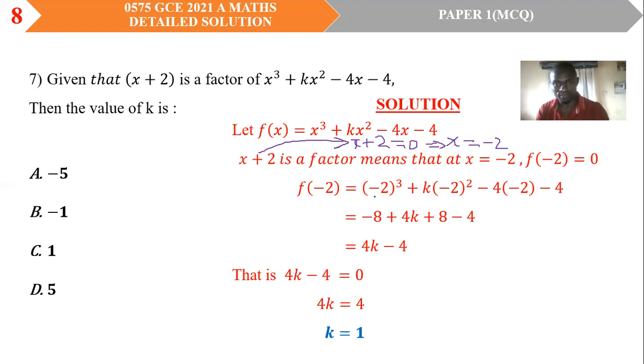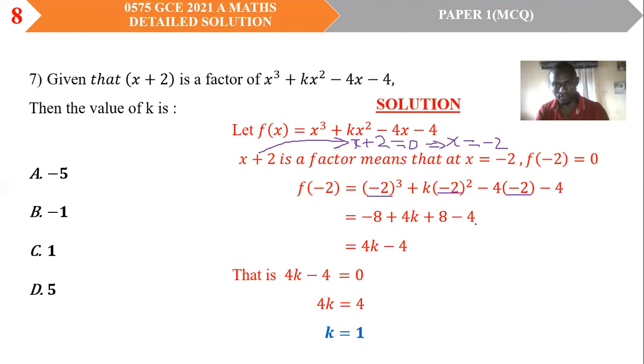F of -2 means that where we have x in f of x, x should be replaced by -2, as you see me underlining. Now simplifying, -2 cubed is -8. -2 squared is 4. -2 times -4 is 8.